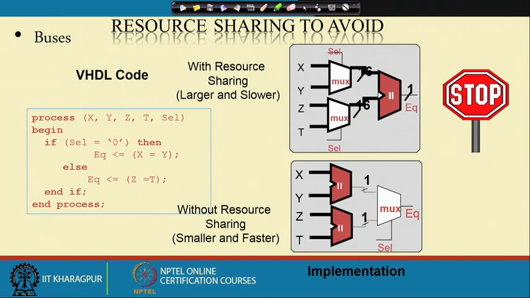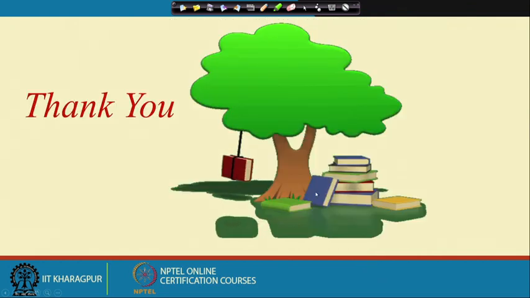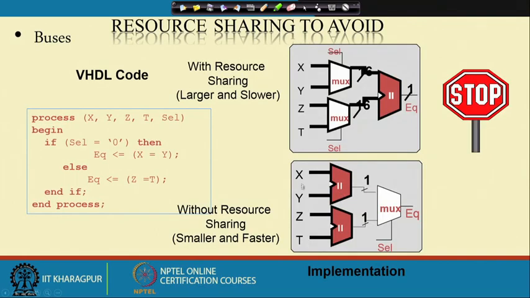The direct implementation says that x is first compared with y, that is one comparator, and z is compared with t, and then they go to the mux.